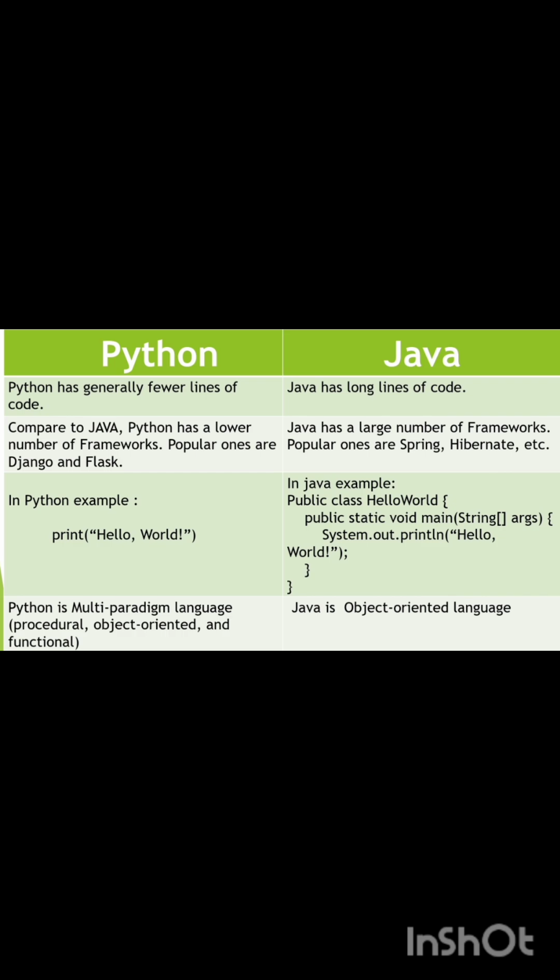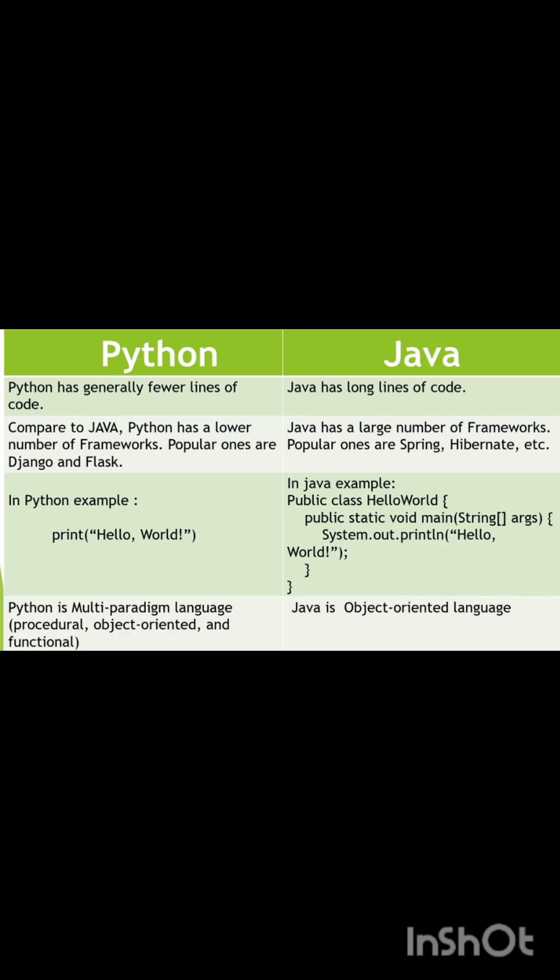In this example of Python, the Python program uses the built-in print function to output the string hello world to the console, and the print function automatically appends a new line character at the end of the output. But in Java, this Java program defines a public class HelloWorld.